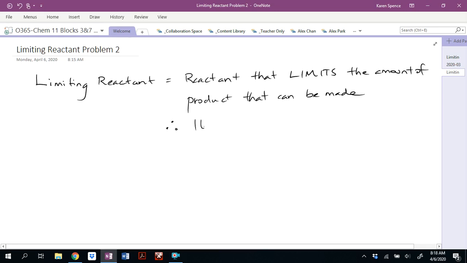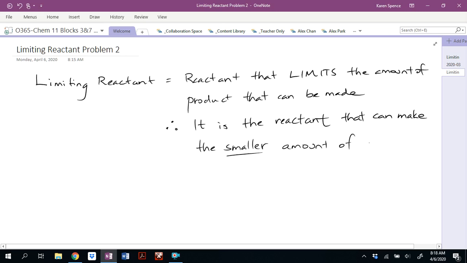Therefore, it is the reactant that can make the smaller amount of product.